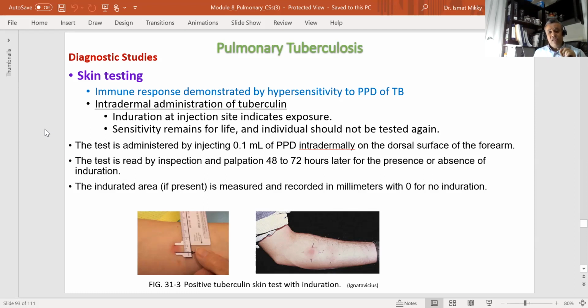Reactivation of TB occurs with a decreased effectiveness of the immune system. Their reaction won't be strong or potent enough because the immune system is compromised.